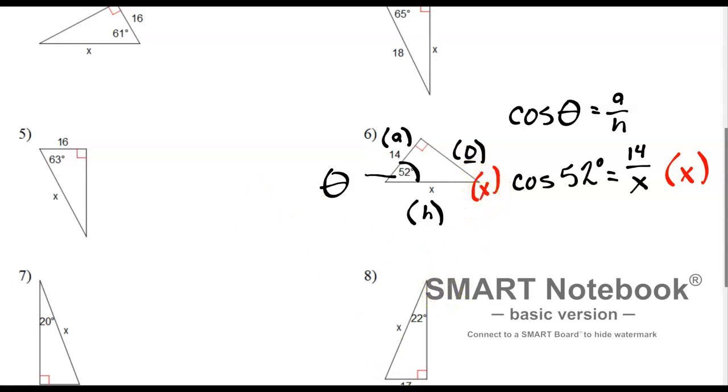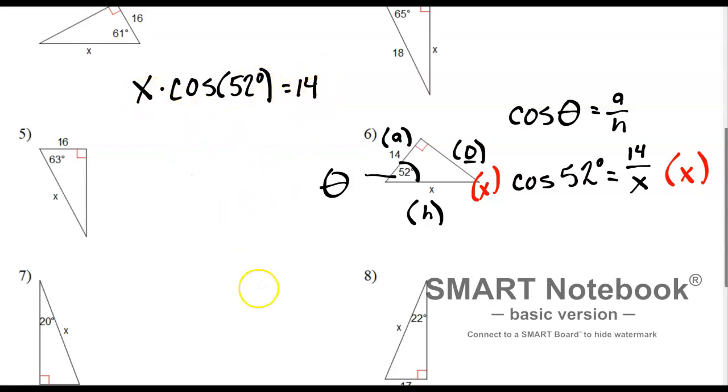Now I want to solve for x, which means get x by itself. So now I have x cosine of 52 equals 14.